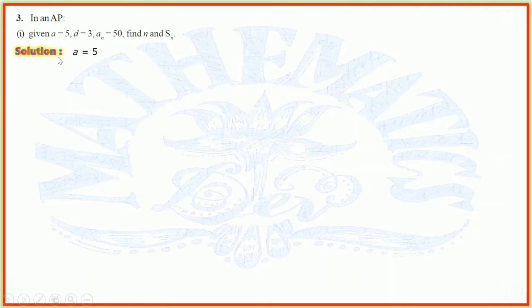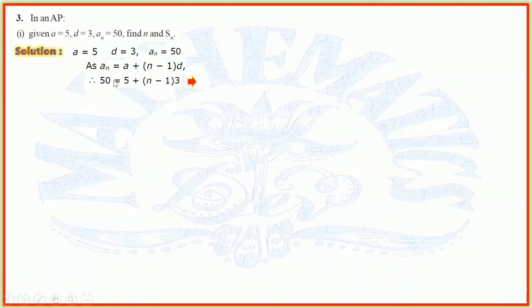a is equal to 5, d is equal to 3, and the last term is 50. So we'll use that formula an is equal to a plus n minus 1 into d. Let us put all the values. An is 50, the last term, and then a is 5 plus n minus 1 into d, which is 3. It is given.